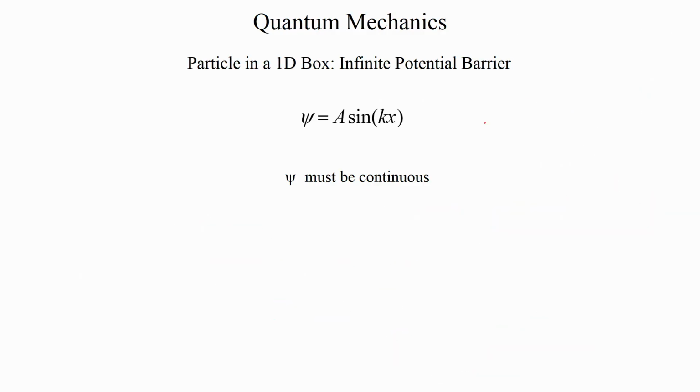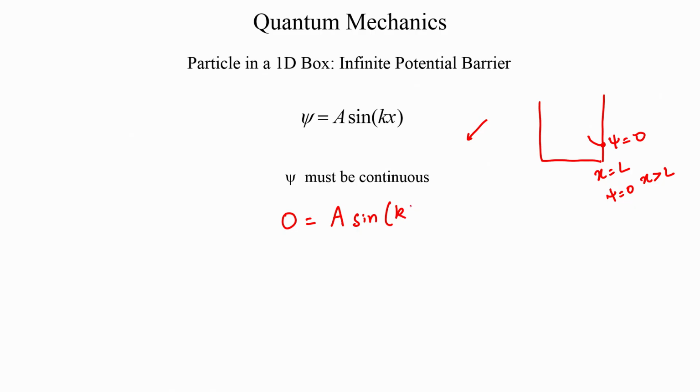Now let us apply the boundary condition on the other side of the box, at x equal to L. Again we find that the wave function must be equal to 0, since the particle cannot exist in the regions where x is greater than L. Applying that boundary condition at x equal to L, the magnitude of the wave function is 0 at a sine kL.